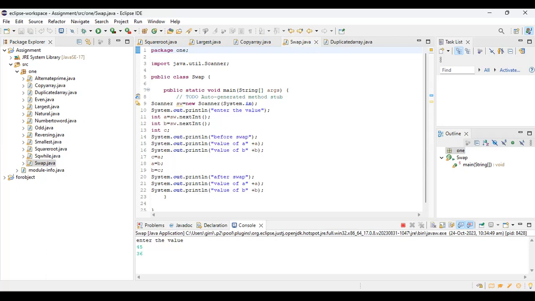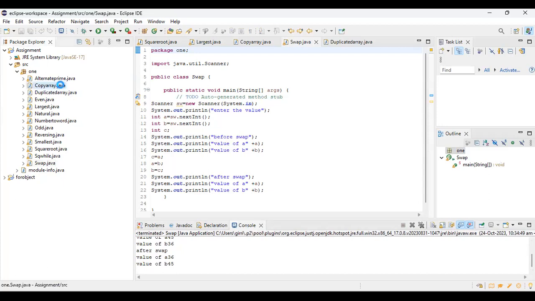Now, before swapping, the A value must be 45 and B value must be 36. And after swapping, it must be 36 and then 45. So here it is. Before swap, it is 45 and 36. And after swapping, it is 36 and 45.